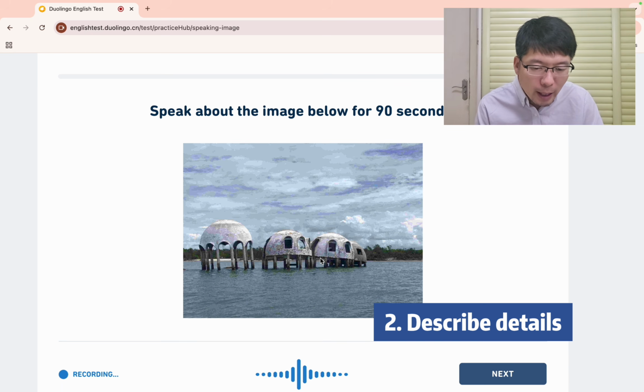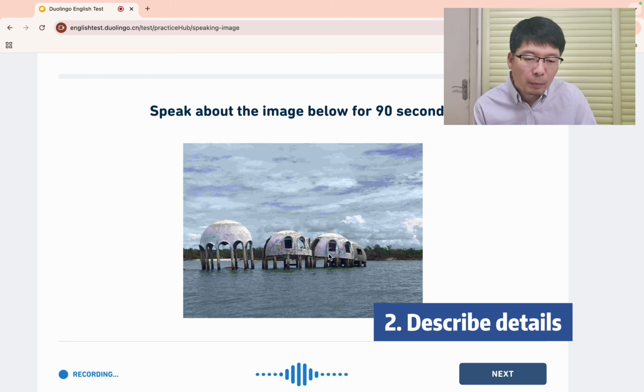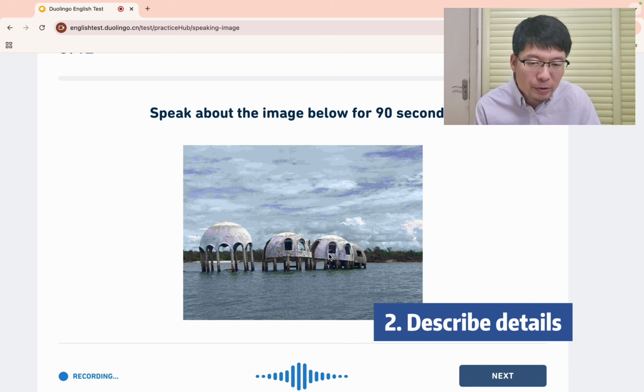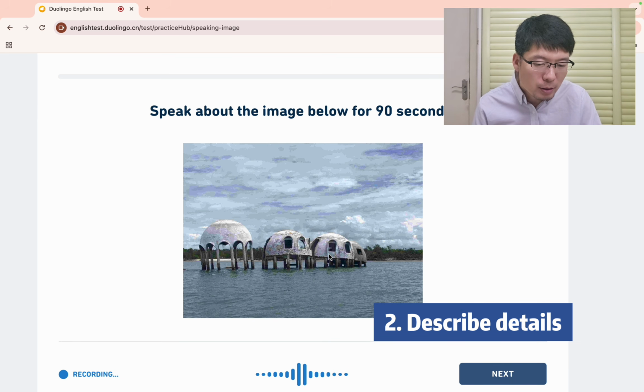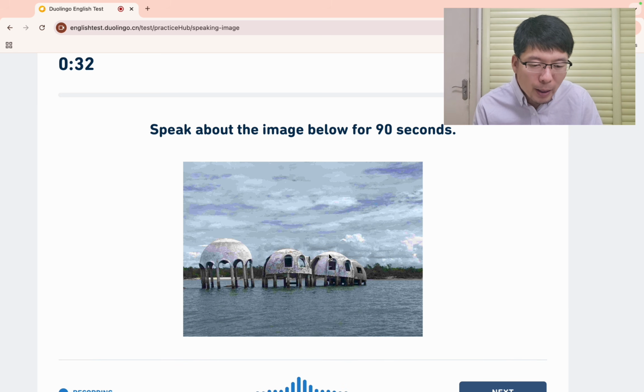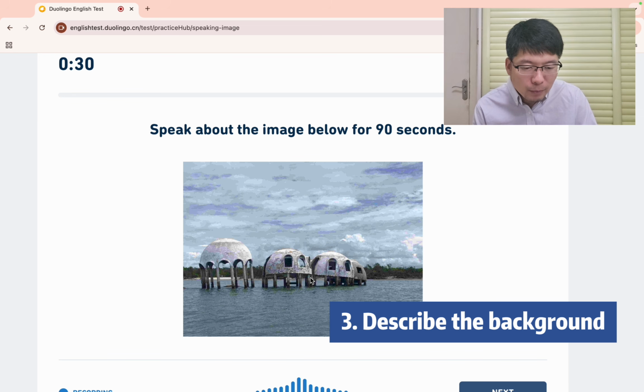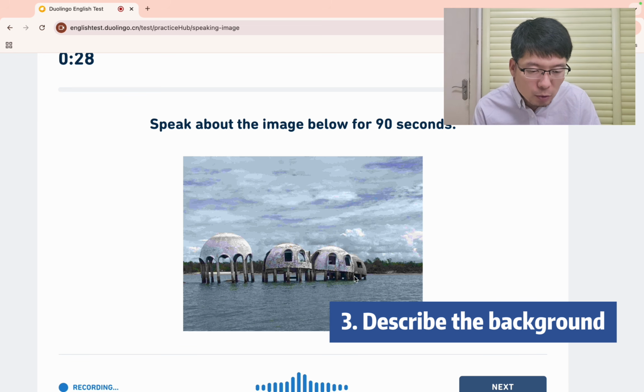Okay, and they have some small windows, maybe for people to observe the events or the other shapes on the sea. And then in the background we can see a lot of trees and plants, and we can see the blue sky and lots of clouds.